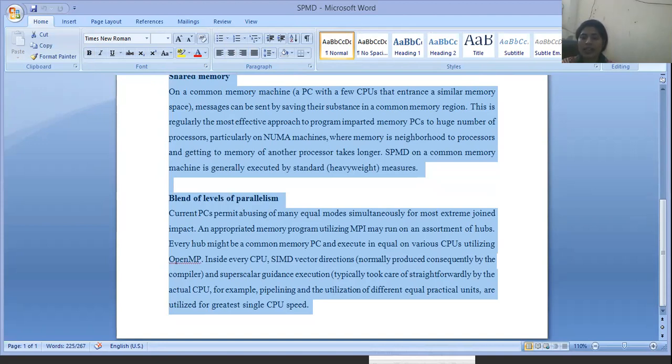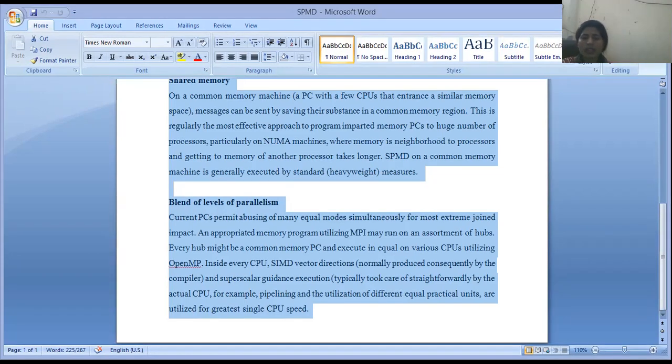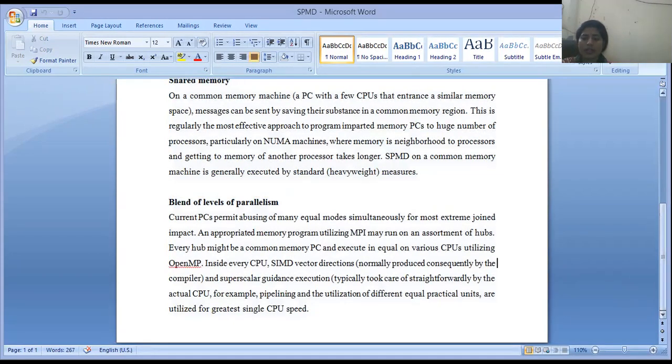Whatever SIMD is, it is also considered under the classification, isn't it, in which you have SISD, MISD, MIMD, SIMD, all these things. Okay, so please read this out on your own also.